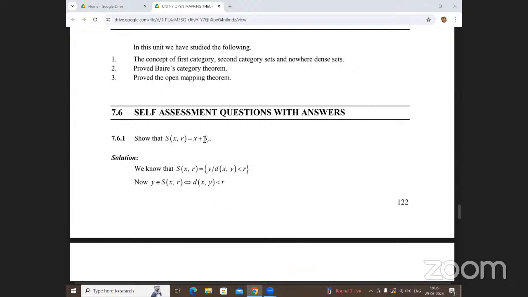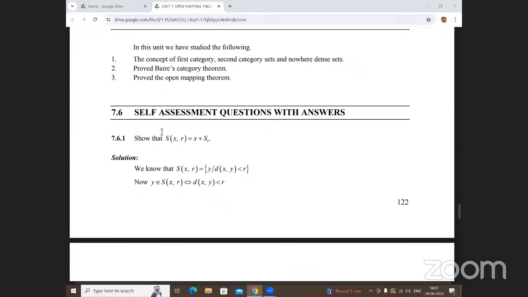Now, this question is not given, but in my sense, it tests the caliber of the student. What is the meaning of this? This is the open sphere. According to the open mapping theorem, that is represented as x plus S r. Here x is its center and r is its radius.